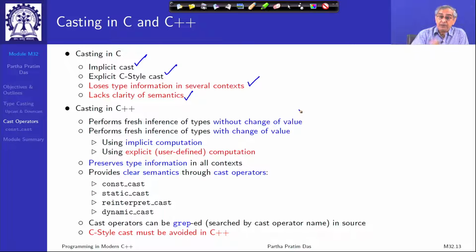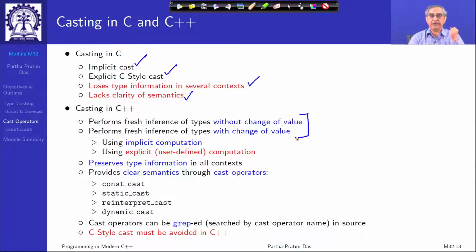Now, in C++, first what you will have to understand is there is casting which does fresh inference about that object without actually changing any value. It is not changing any value, but it is just making new inferences about the properties of that object.